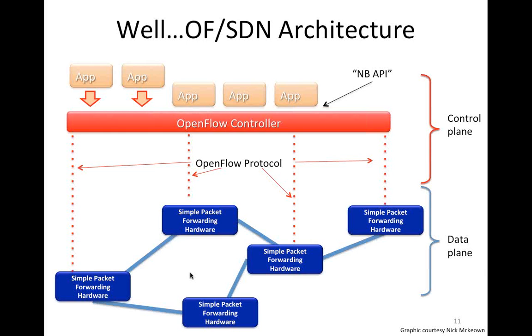They talk to the controller over a well-defined standardized protocol. There's a standardized northbound API, the NB API, which has kind of fallen apart in the meantime. And then there's a controller. Now that's interesting, because having lived through the internet era, we know that in order to have scale and resilience, you need a distributed system.